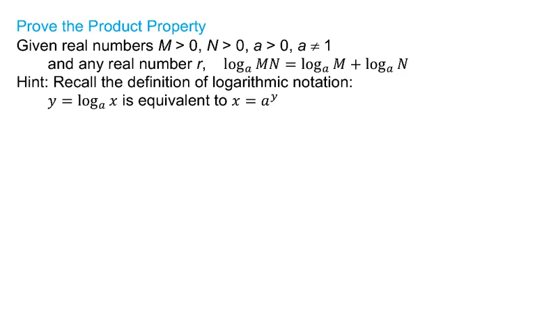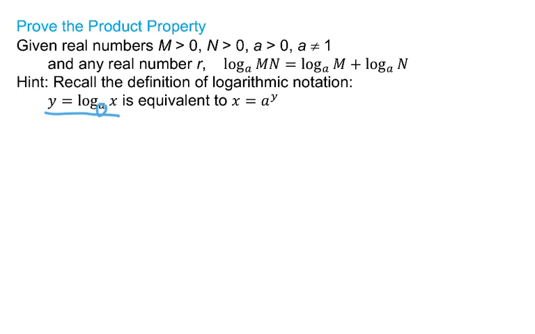So let's start with the product property that again says that the logarithm of a product of two quantities can be split up into a sum of logarithms. We want to prove why that works. And we're going to do that by recalling the basic definition of logarithmic notation, that an expression of this form is actually equivalent to an exponential form.